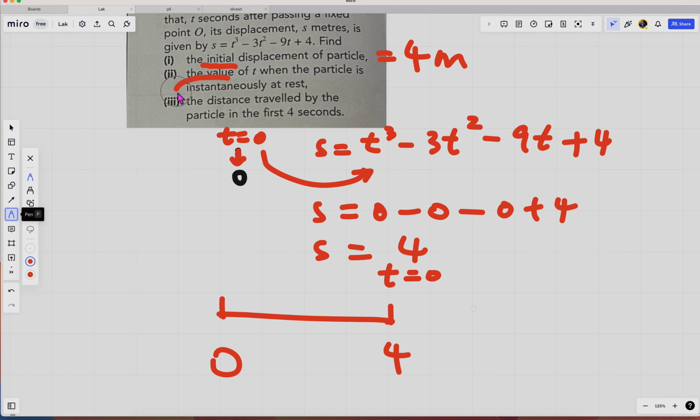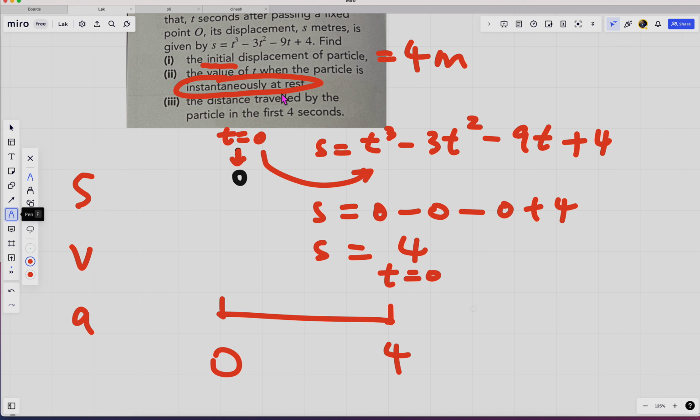Next, the value of t when the particle is instantaneously at rest. Do you know the meaning of instantaneously at rest? At rest means the particle is not moving, immediately at rest. You have displacement, which is denoted by s, you have velocity, you have acceleration.